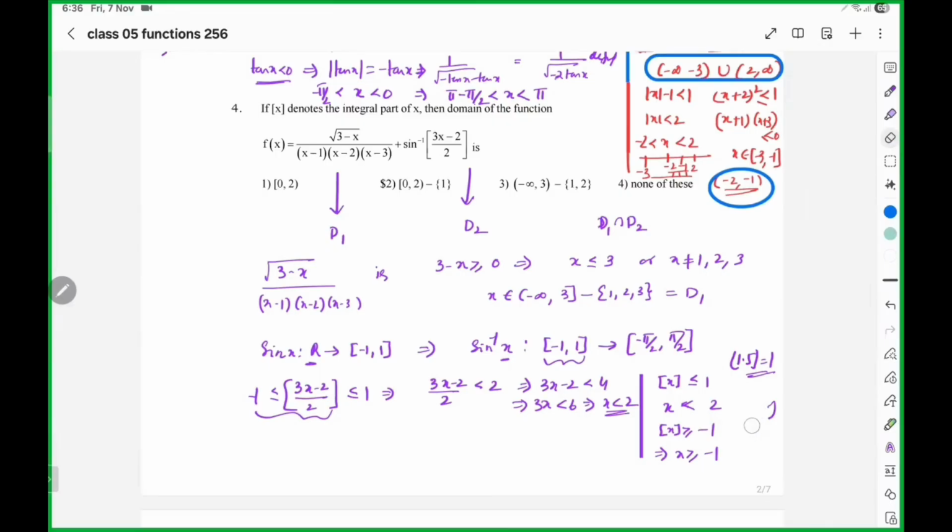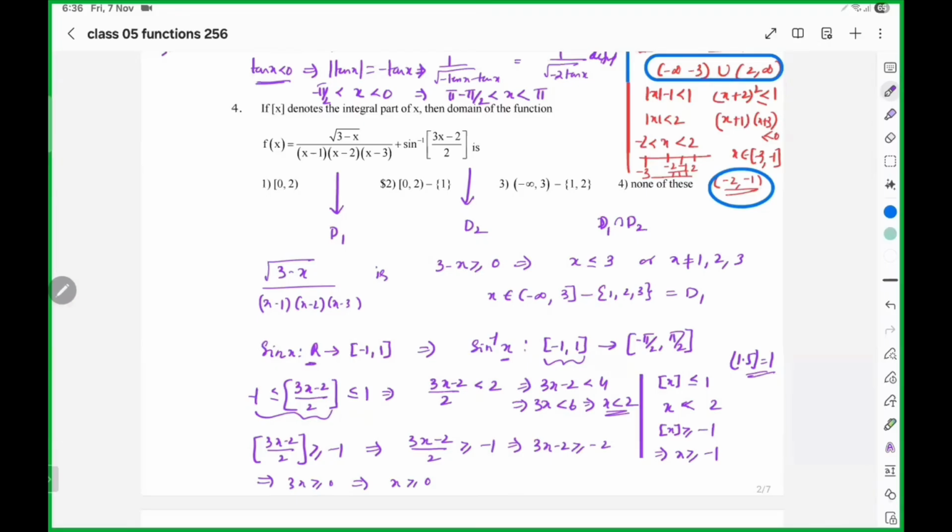So as it is, I have to take x greater than minus 1. So from this, 3x minus 2 by 2 must be greater than minus 1. Here we can write 3x is greater than 0, x greater than 0.